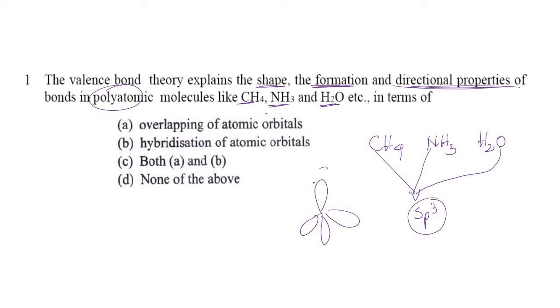Then each of this is going to overlap with the hydrogen, isn't it? First what was formed? Hybridization was formed. So that answer is here, hybridization of atomic orbitals. After hybridization, what formed? Overlapping. Each of the sp3 hybrid orbital overlapped with 1s1 orbital of hydrogen, isn't it? So that is here overlapping of atomic orbitals. So therefore we can say the correct option is option C, that is both A and B.